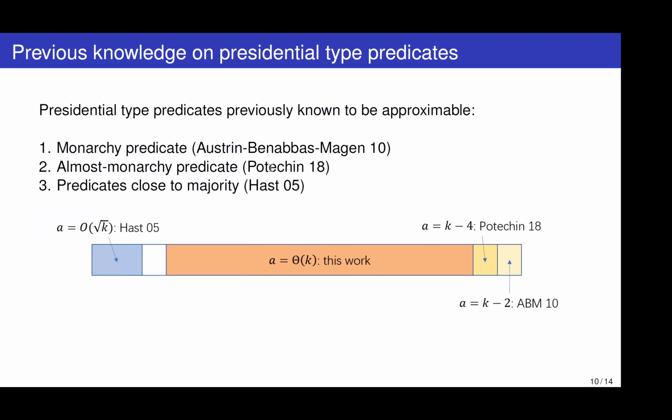Previously, for large A, we knew that the monarchy predicate, which is the case where A equals k minus 2, is approximable, and the almost monarchy predicate, where A equals k minus 4, is approximable. For smaller A's, Hastad showed that predicates close to majority are approximable. His result implies that for presidential type predicates, if A is big O of square root of k, then the predicate is approximable. And our result, again, says that when A is a constant times k, the presidential type predicate is approximable.